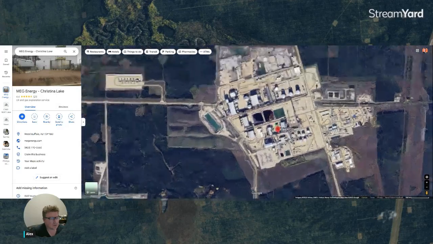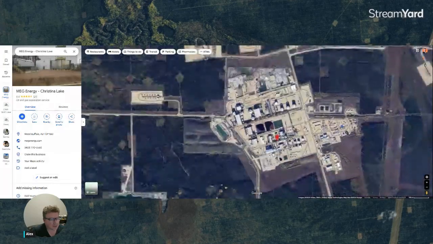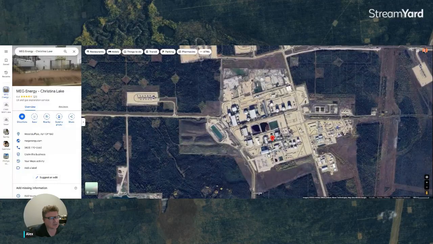So what you will notice right away, and this is really the heart of the asset, so this will be very representative of all other assets we're going to be reviewing, is that in the middle of the asset, or typically on the side or in the middle, or where the geology is, you will have something that's called central process facility.